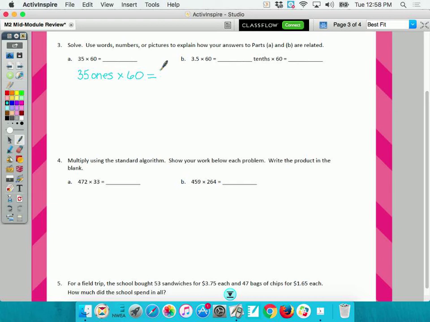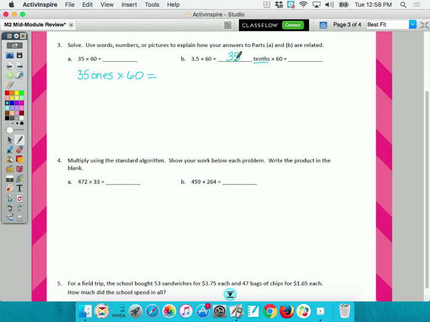So instead of ones, what did they use? So what number goes here? How many tenths? 35 tenths. So all they did was change it to unit form. They did 3.5 tenths is the same thing as 35 tenths times 60. Okay, that's all they did.